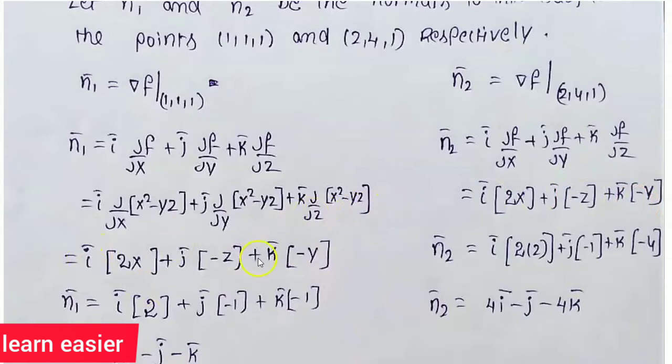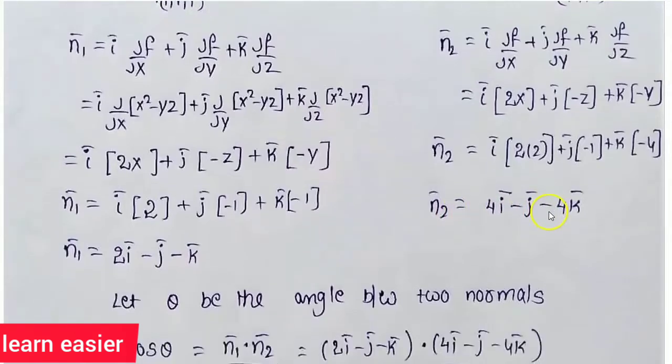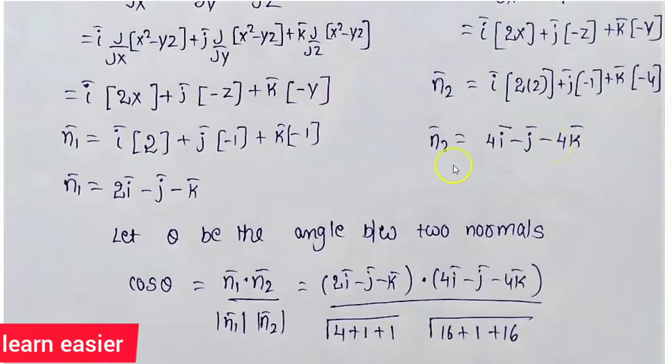Here x is 2, so we substitute 2, and here is 1, and in the place of y, we substitute 4. So after substituting, n2 bar is equal to 4i bar minus j bar minus 4k bar. So we got n1 bar and n2 bar.